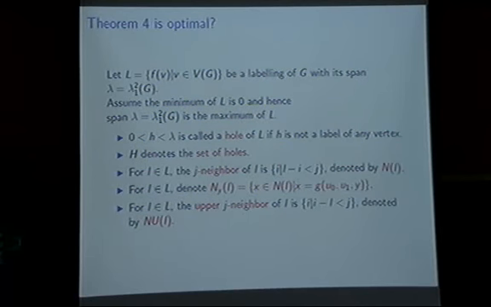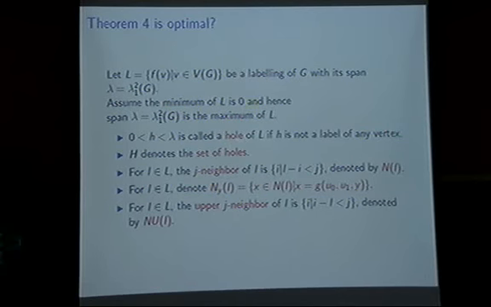Okay. And we want to look at whether our upper bound is optimal or not. So of course, this is the case where J is bigger than A. So let me introduce some notations.